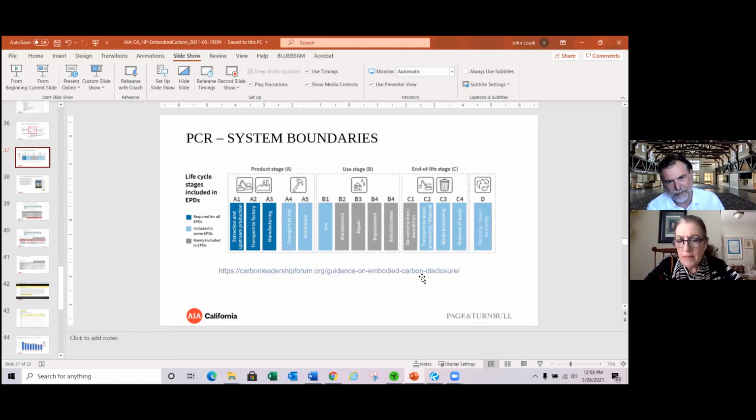Not everything is character defining, and upgrade them. So in the case of glass, can we do films, window treatments, supplemental glazing, other strategies rather than just ripping it all out and putting it back in? And only as a last resort do we go to replace it.